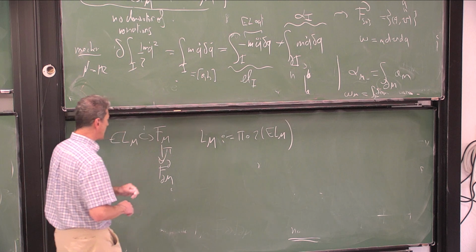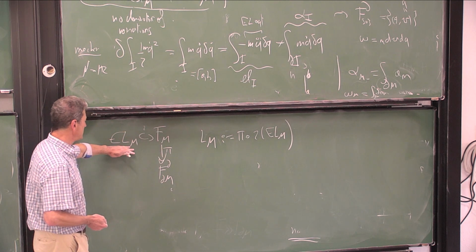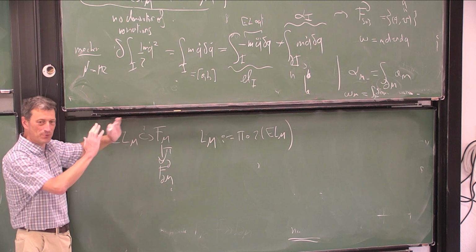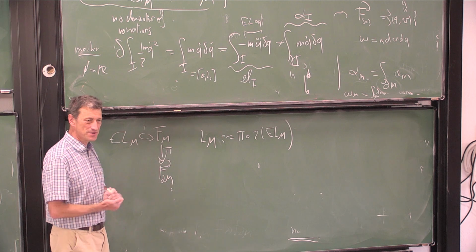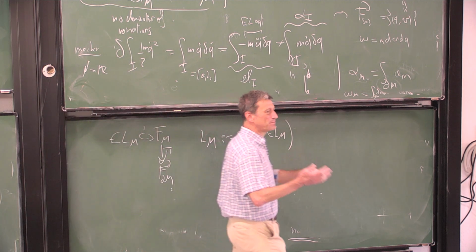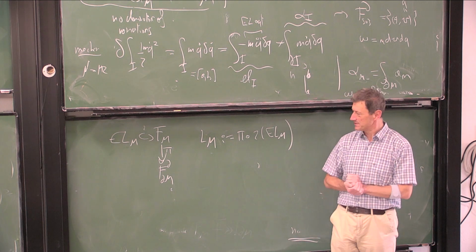So physically, points here are solutions to the Euler-Lagrange equations without imposing the boundary conditions. And this is the space of boundary conditions. So what you get here in little m are the boundary fields that correspond to solutions of the Euler-Lagrange equation.